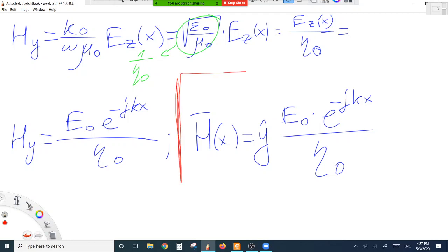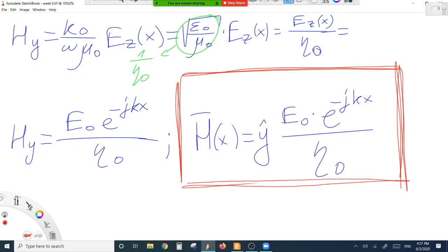Yes, this is the magnetic field intensity.